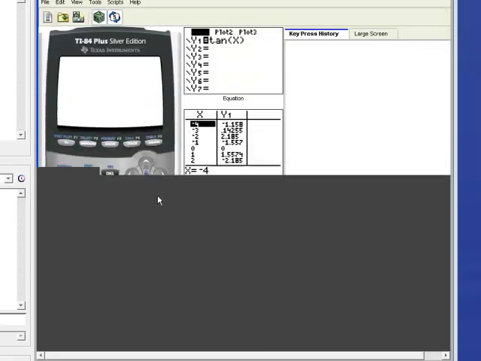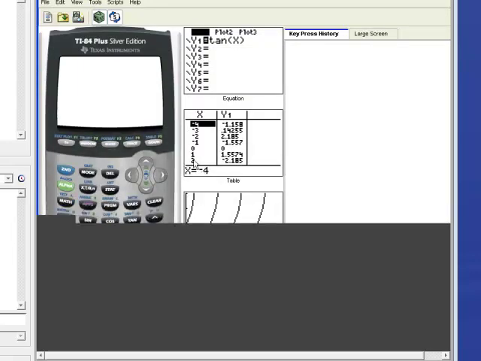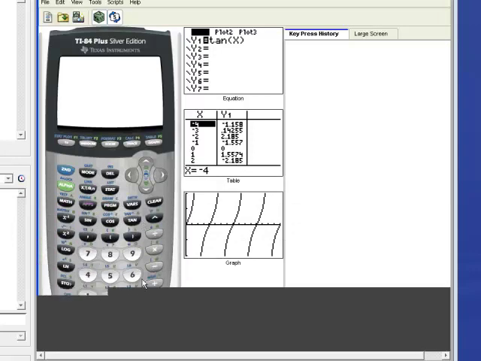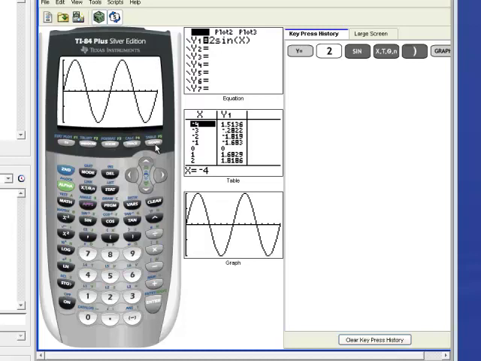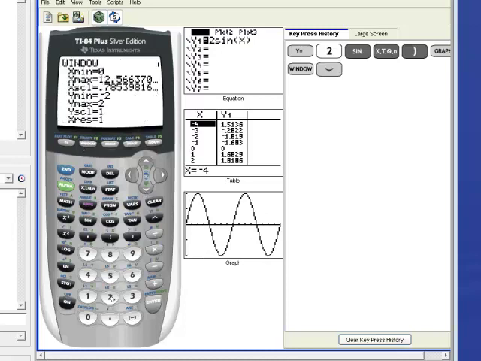I will graph them. That was y equals 2 sine x. There we go. I'm going to graph this one. Apparently it goes out to 4 pi. I could change this to just 2 pi, so 0 to 2 pi.